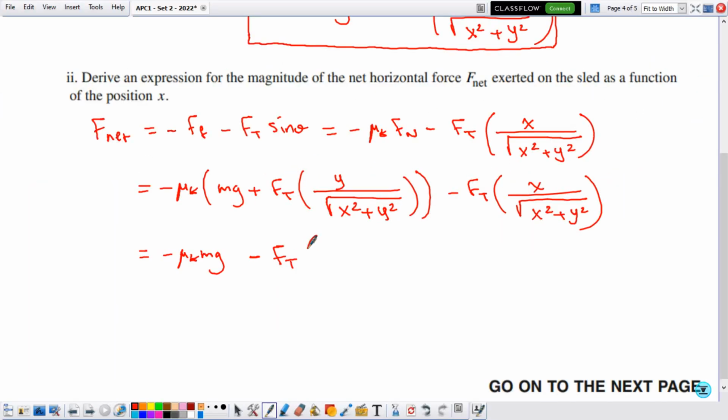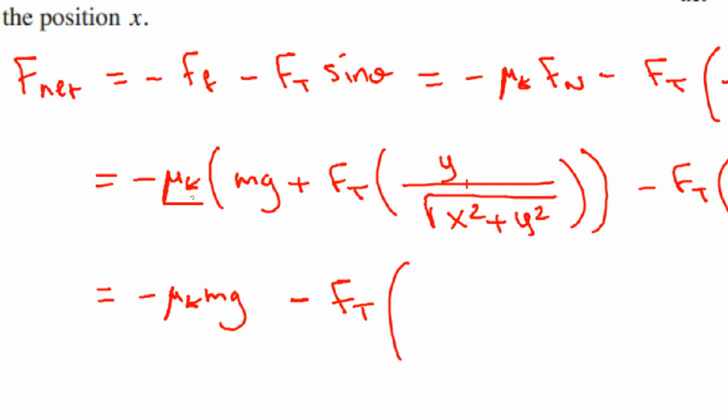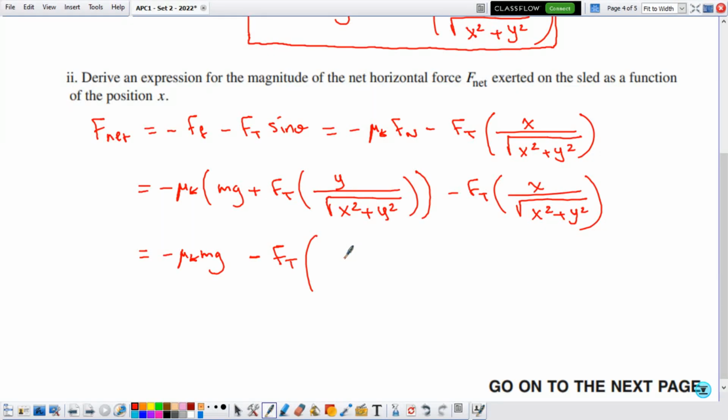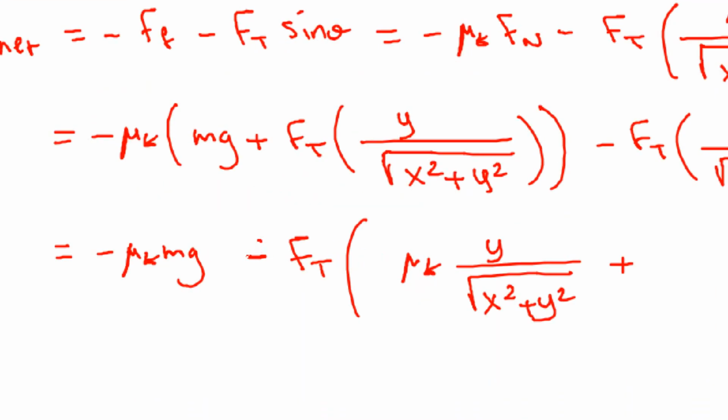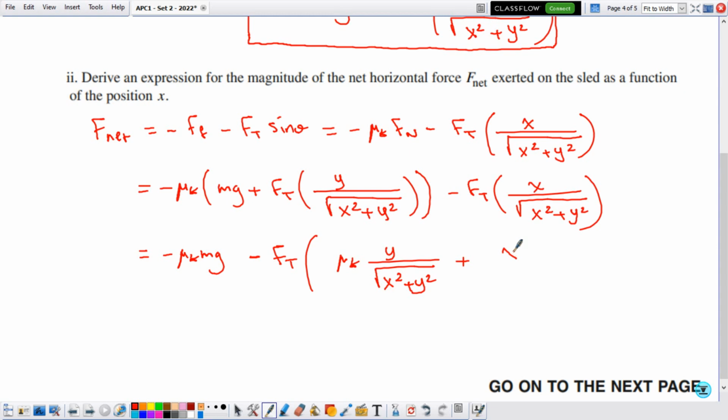Now we open a big bracket, we have mu k multiplied by this fraction plus, because the minus sign has been already factored, and now we can represent our solution as the magnitude of the net horizontal force. Then let me state that clearly.